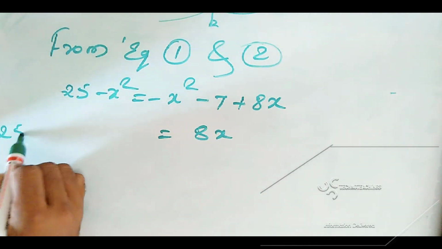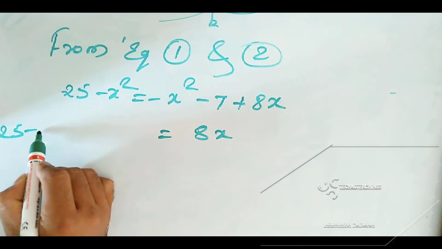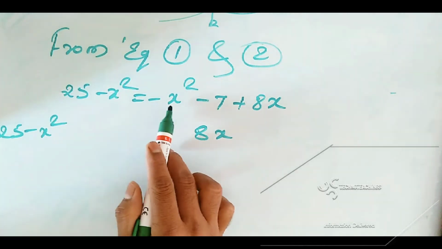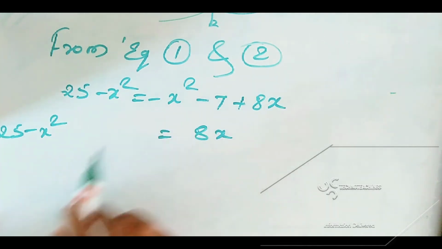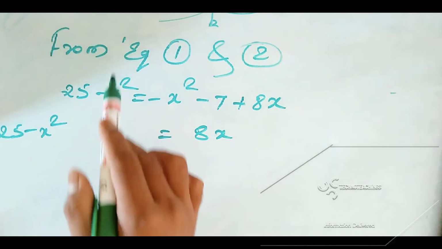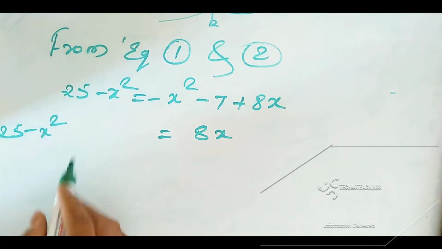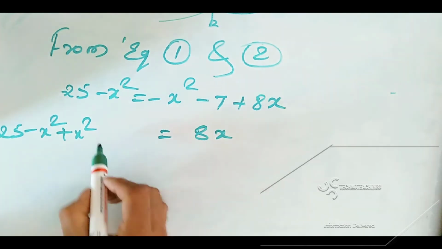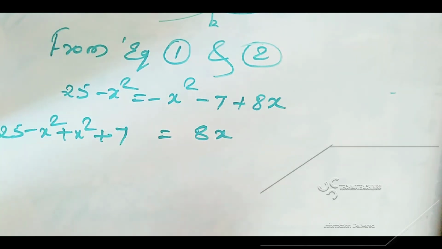Already at the left hand side we have 25 minus x square. Minus x square, when shifting from the equal sign to the other side, becomes plus x square, and minus 7 becomes plus 7.